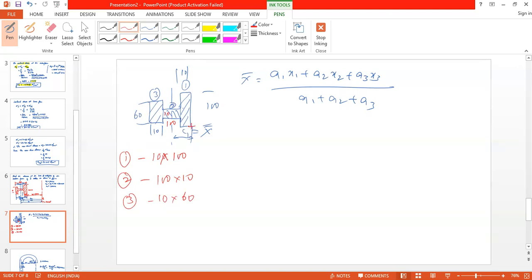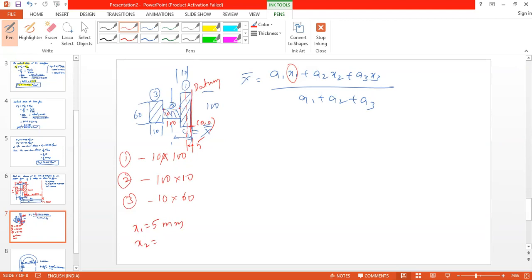If I take this as the origin, that is 0, 0 as a reference, or the datum, so what is x1? x1 is the Cg of the first area, which is at a distance of 5, half of the thickness. So x1 is 5.